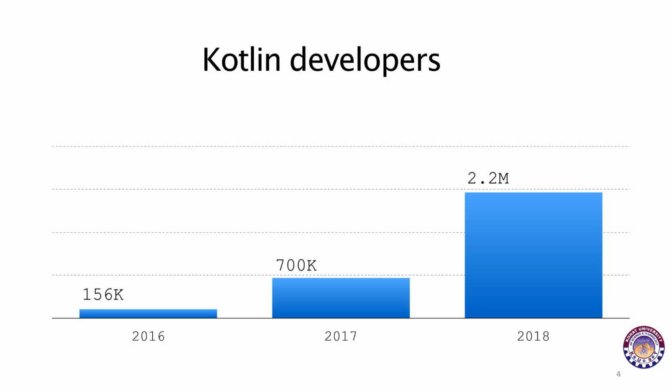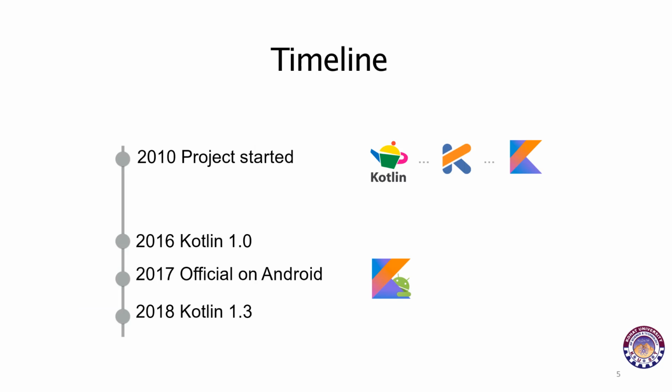And there is also a dramatic drop of the Java language. It has dropped its market share from 19% to 13%, and Kotlin has now become one of the most popular programming languages, and it is now in the top 100 programming languages, and it is expected that it might replace Java in mobile application development.